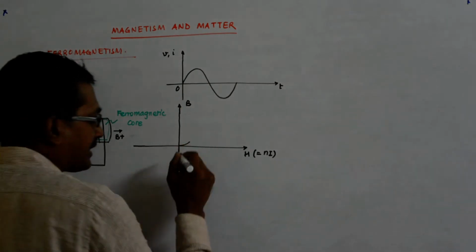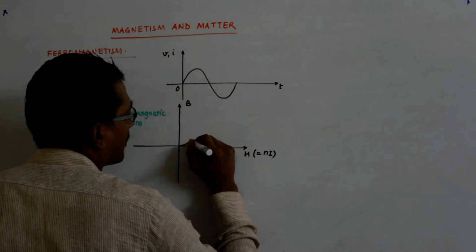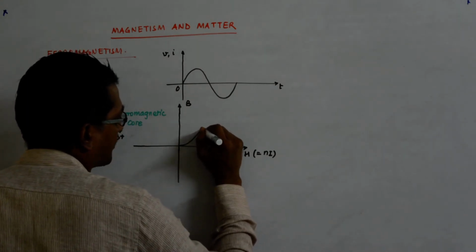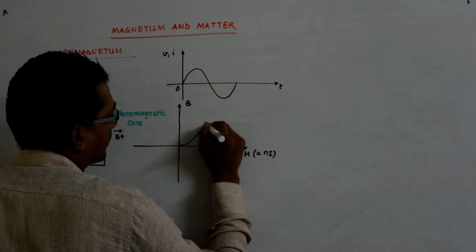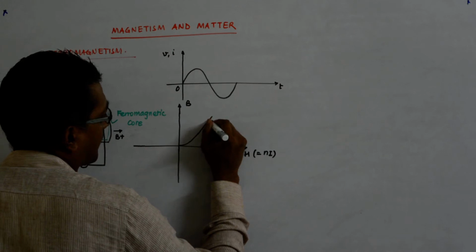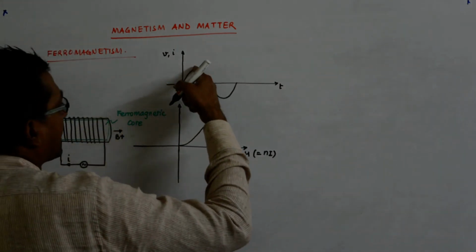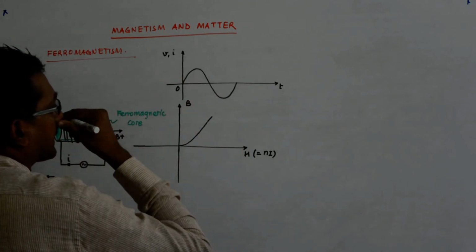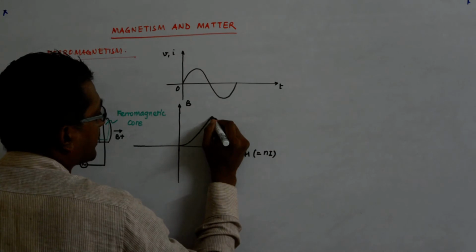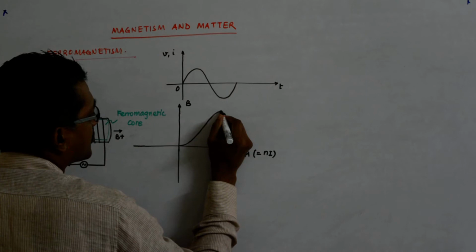Now as you increase the H, the increase becomes linear. This is for the positive cycle. So current wise I am here, right? I am increasing my current, right? Now what happens? After a point, it starts saturating.